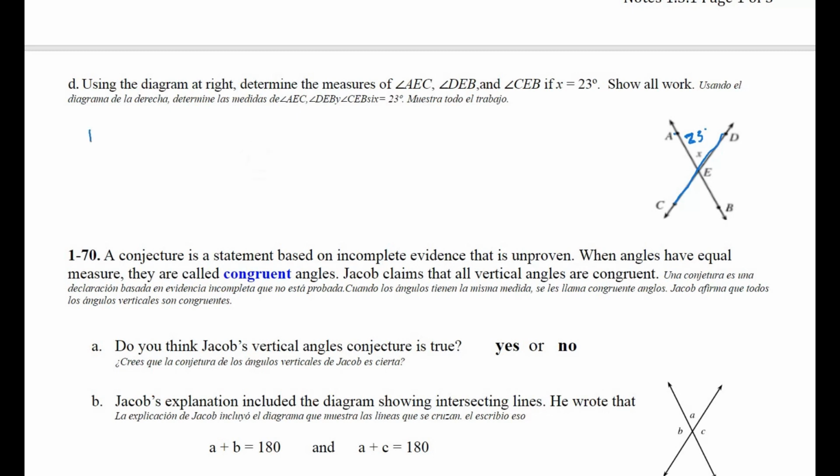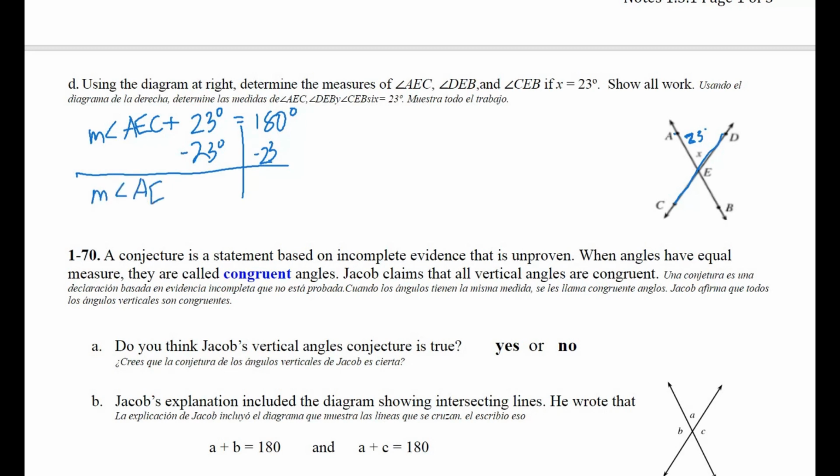So I'm going to say that the measure of angle AEC plus 23 degrees is equal to 180 degrees. And then I'll just solve this by subtracting 23 degrees from both sides of my equation, which gets me that the measure of angle AEC is equal to 157 degrees.